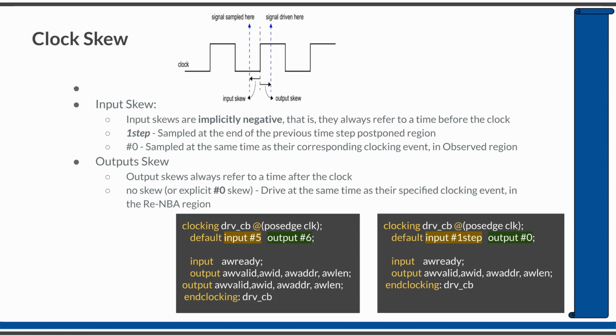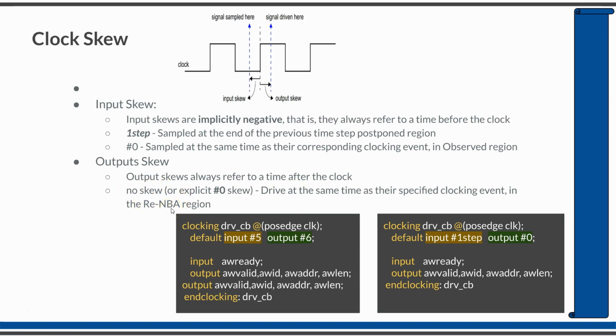In the same way, an explicit #0 delay, a #0 skew in the output, means no skew at all. It means all the driving of this variable will take place at the re-NBA region of this current time step.